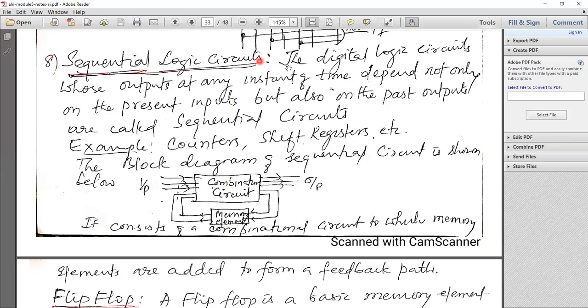An extra element is contained in sequential logic circuits. What is that? That is the memory block. In addition to the combinational circuit, it has a memory block in it. So what is the requirement of this memory block?